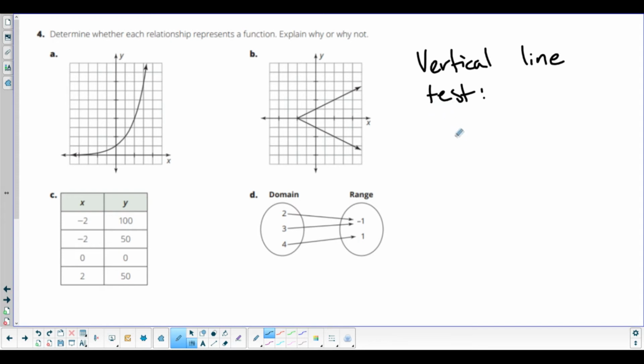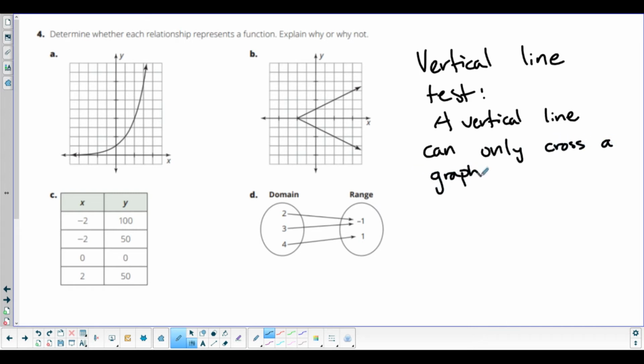So a vertical line can only cross the graph one time. When I mean graph, I mean my curve, whatever's curvy, or my set of lines, whatever's plotted on my page.